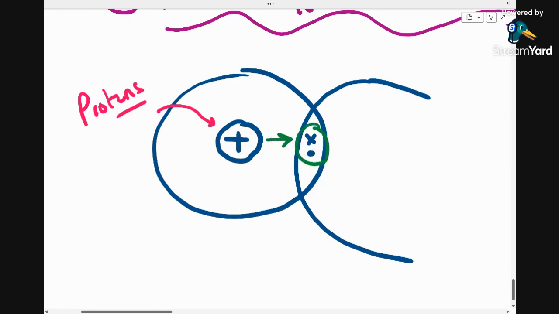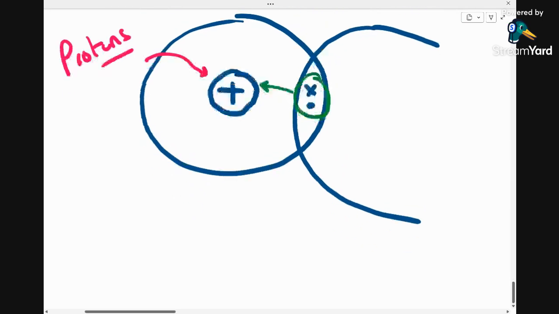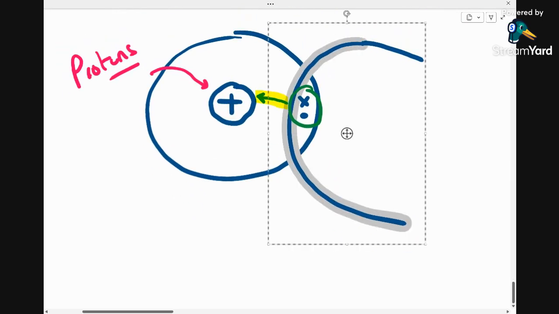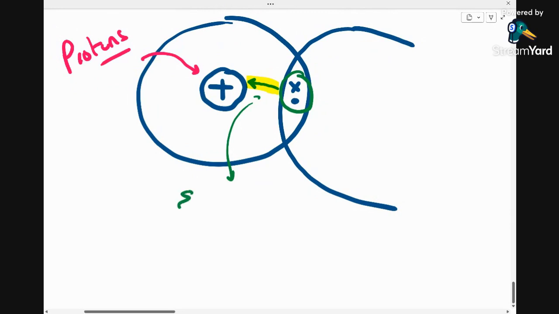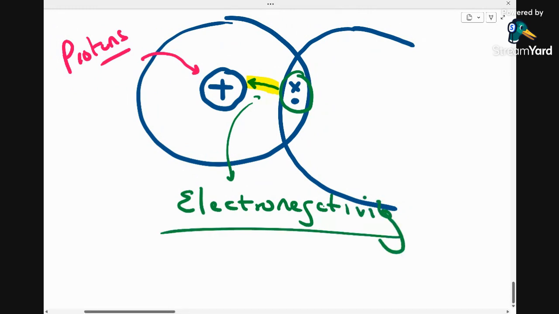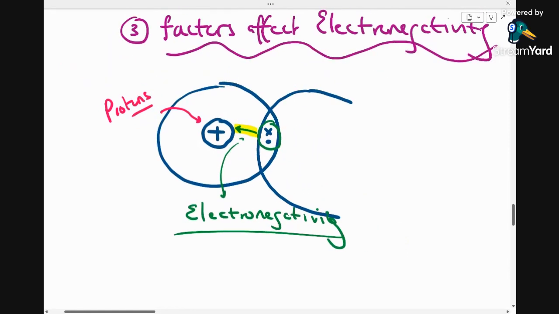It's going to be attracting them, essentially. So the electrons are going to be pulled in towards the positively charged nucleus to a certain degree. And it is this pulling power here in yellow that is represented by the electronegativity value. In other words, how greedy this atom on the left is.